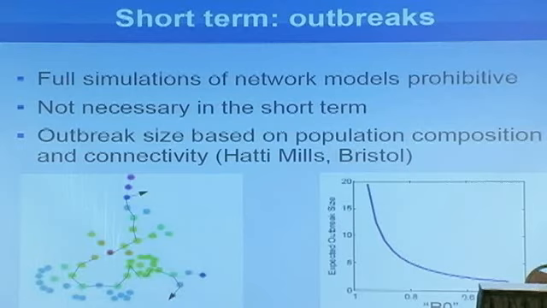The same student is currently working on models using much simpler math, so not full simulations. Well, the math is maybe not simpler, but the models are simpler. Not full time-dependent solutions to big ODEs, but just simple models to look at very short-term predictions of outbreak size based on who's in the population and their risks of infecting others with the various types.